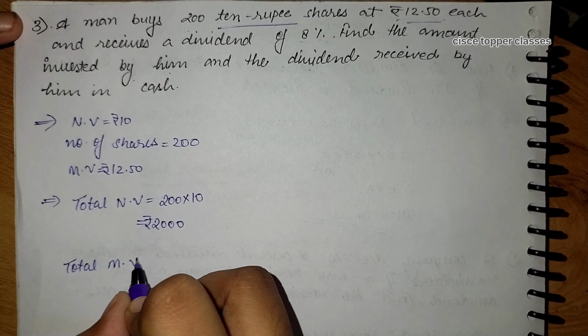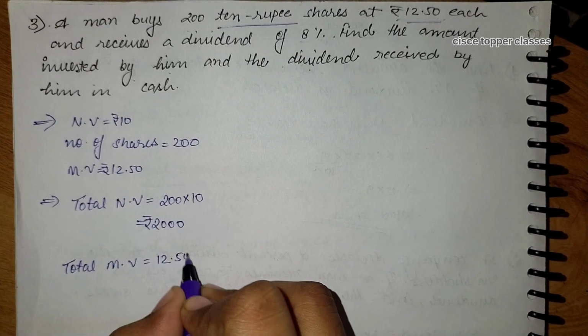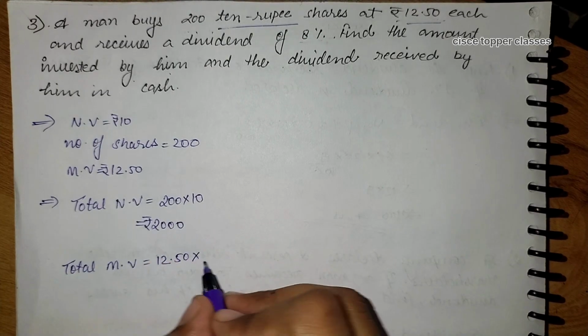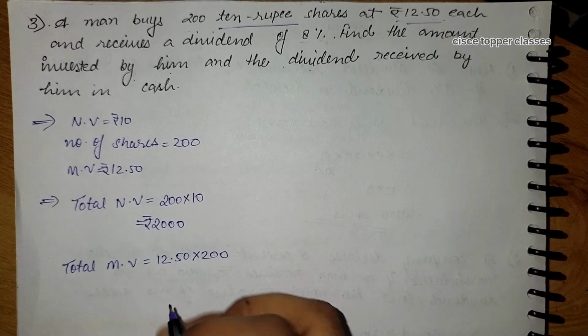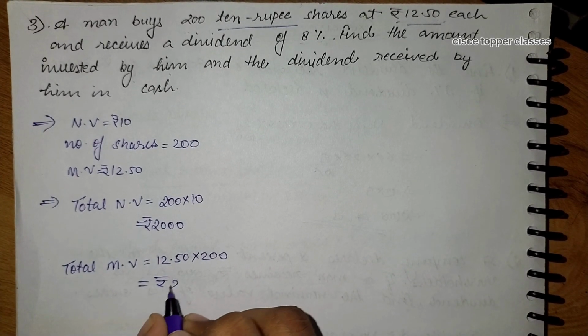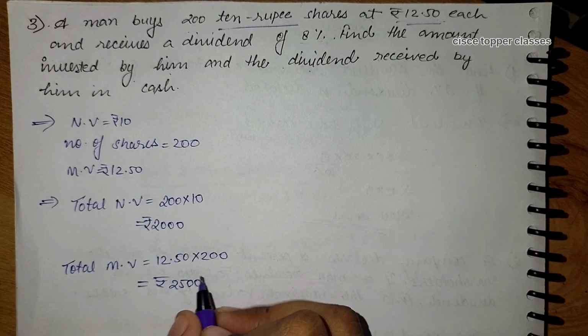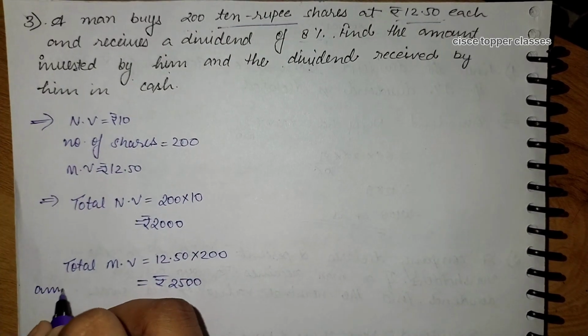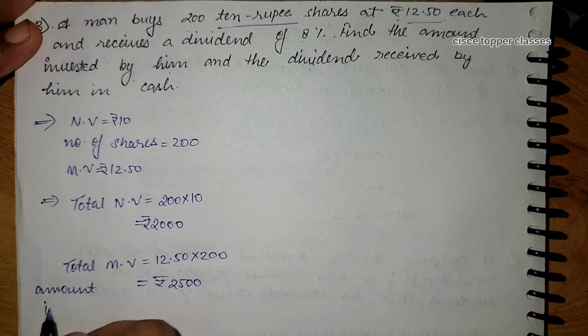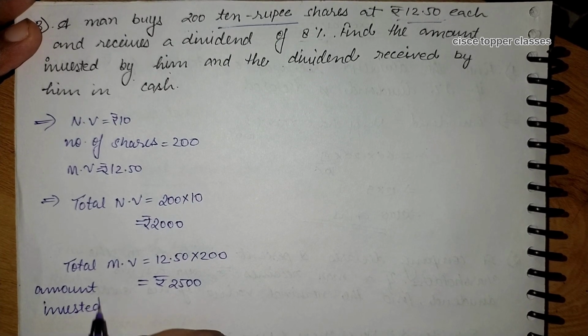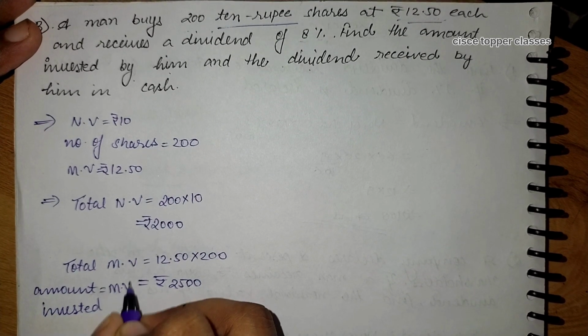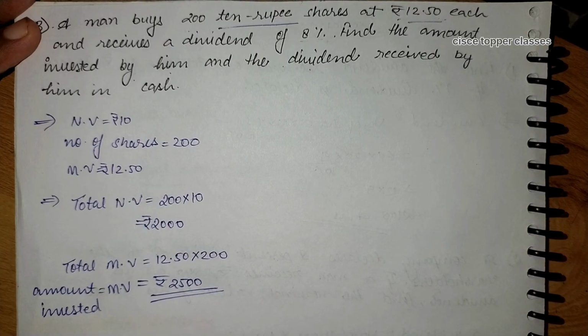So total market value will be 12.50 into 200 number of shares. So this will be rupees 2500 is the total market value, means the amount invested. Amount invested is equal to the market value, and this is rupees 2500.